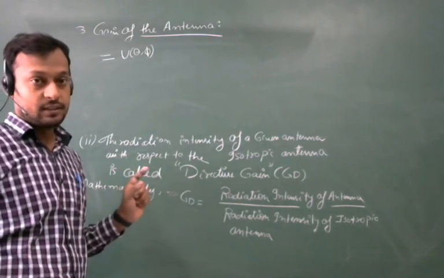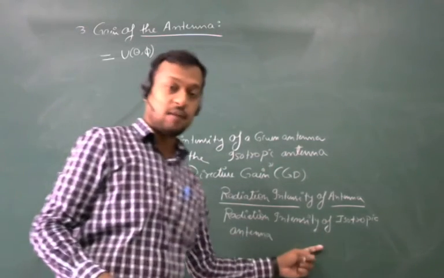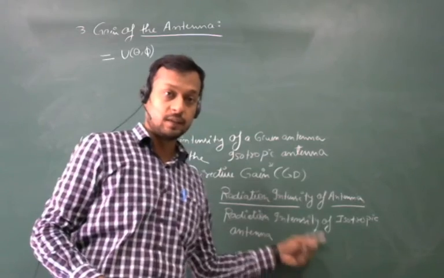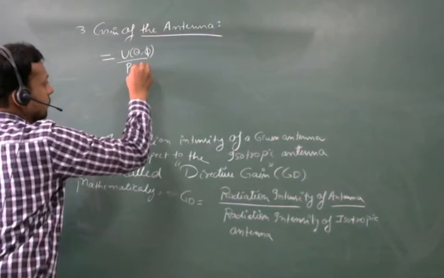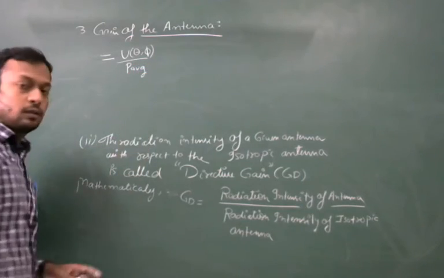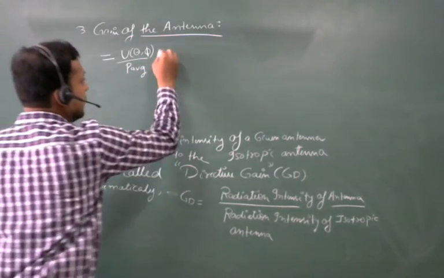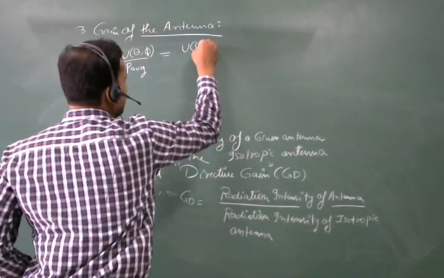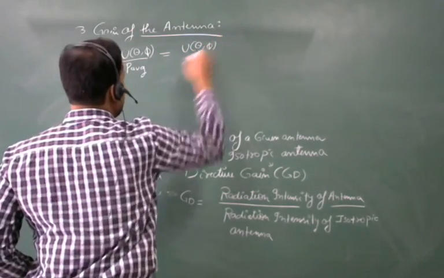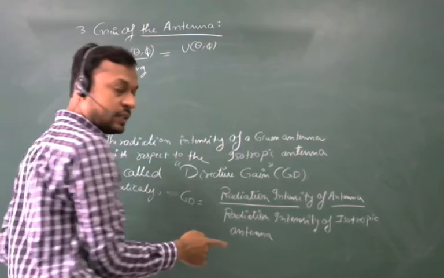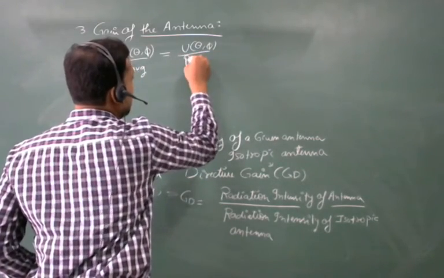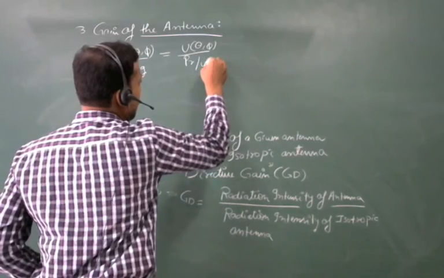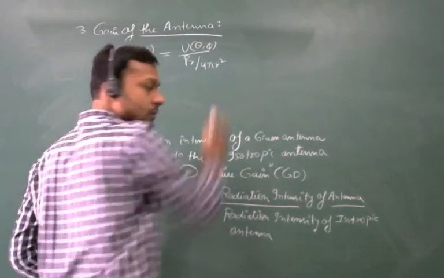So this upon this, that is the average power of the isotropic antenna, P average. The power density of the isotropic antenna is W R upon 4 pi r square.